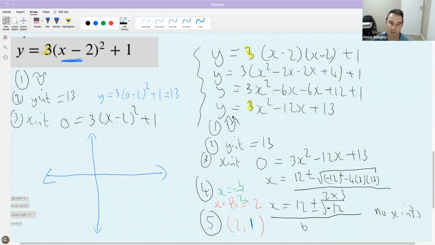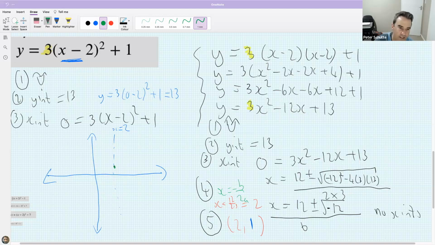So Nisilia, I haven't drawn the graph, so I suppose I could draw it. I'll just draw it for you. Here is my axis of symmetry: x is 2. And my turning point was (2, 1).